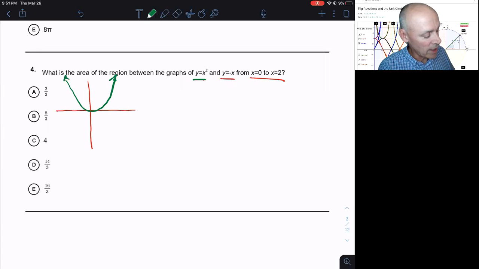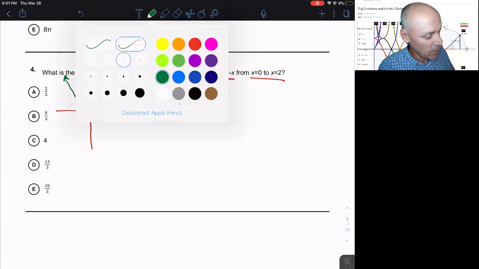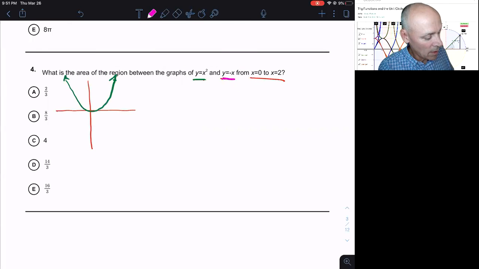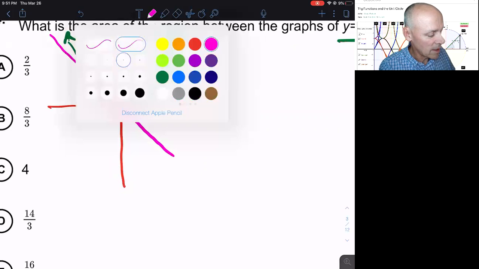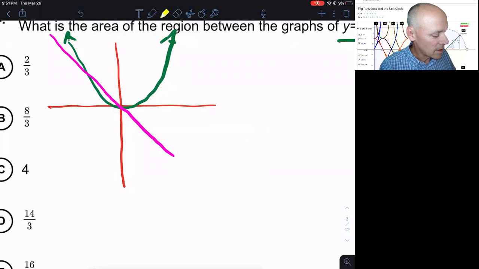Y equals -x is just going to go like that. So really, what I'm looking at is this skinny part right here. That region is what I'm looking to find.